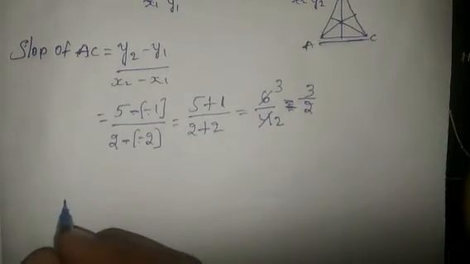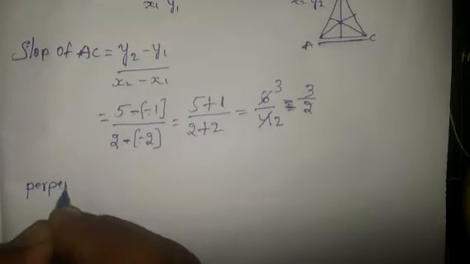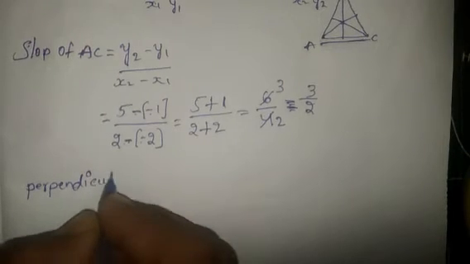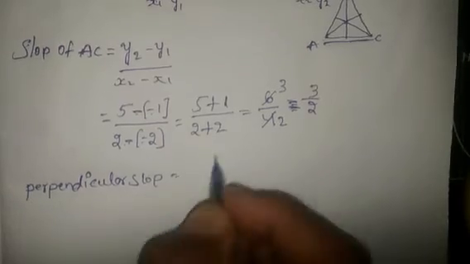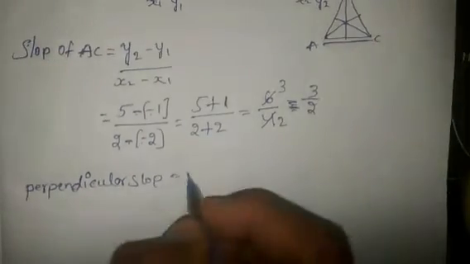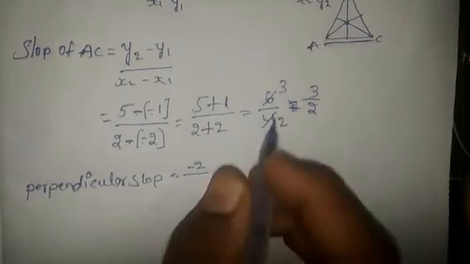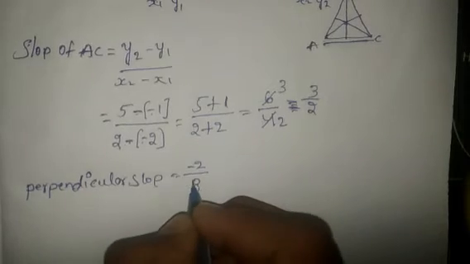Now we have to find the perpendicular slope. So 2 comes up, so it is minus 2, and 3 goes down, so it is 3.